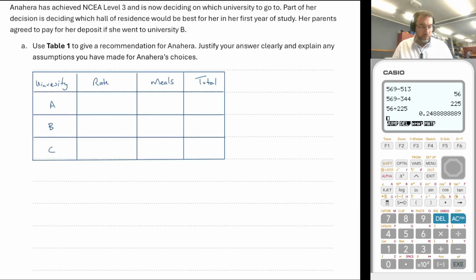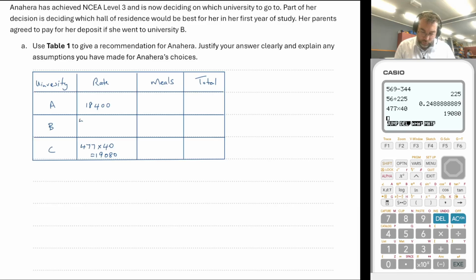So now I'm going to fill this in with what we know. So for University A, it's very straightforward. The rate for the year is 18,400. Now for University C, it's 4,700 times the 40 weeks. So do that in my calculator, which is $19,080.